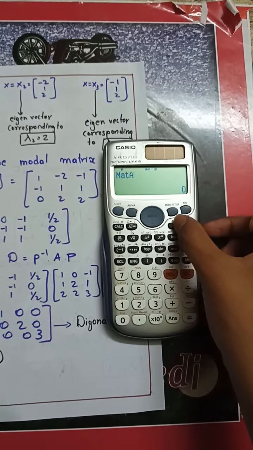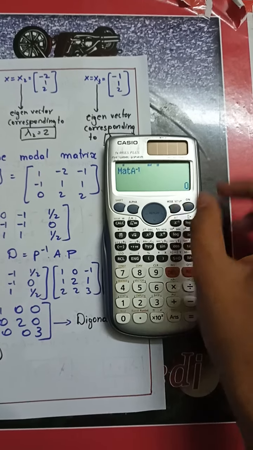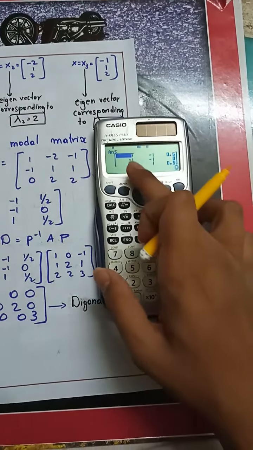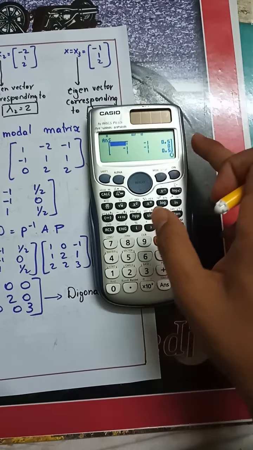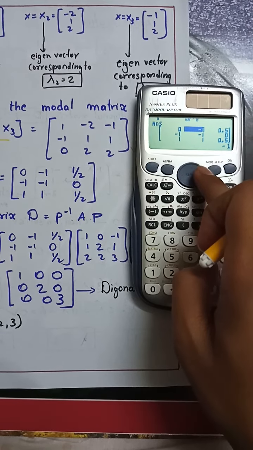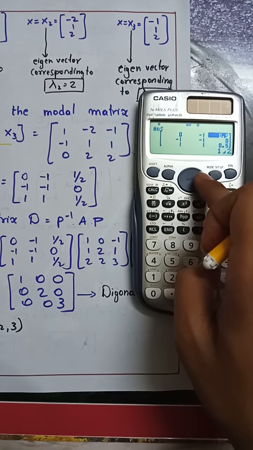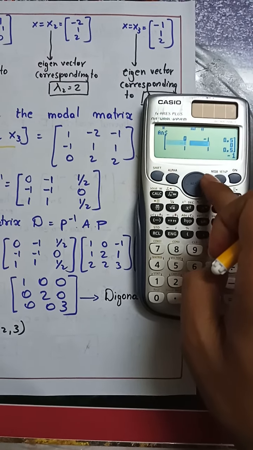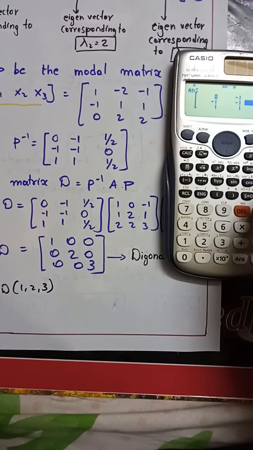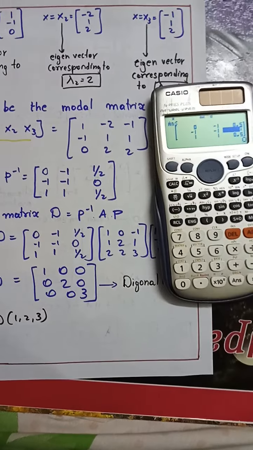Now we can find the inverse, that is matrix A inverse is equal to, and we get P inverse, with entries including 0, minus 1, 0.5, that is 1 by 2, and minus 1, 0. So we get the P inverse matrix by using the calculator.